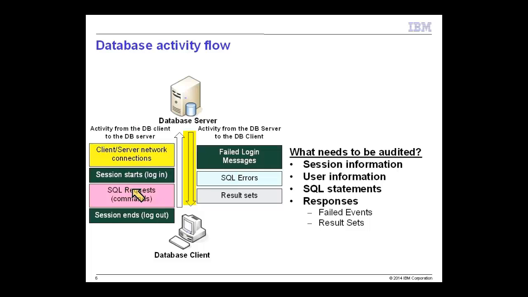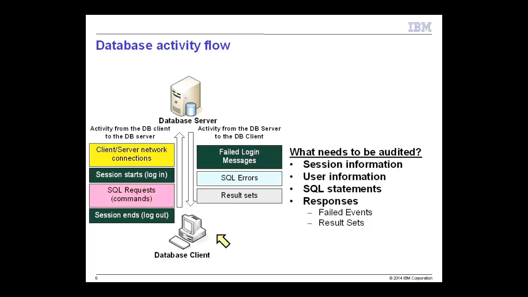We open a session, we send a request, we close the session, and on the other side, the server will return some data, retrieve exceptions, login failures, for example, etc. All of this will return from the server back to the client.